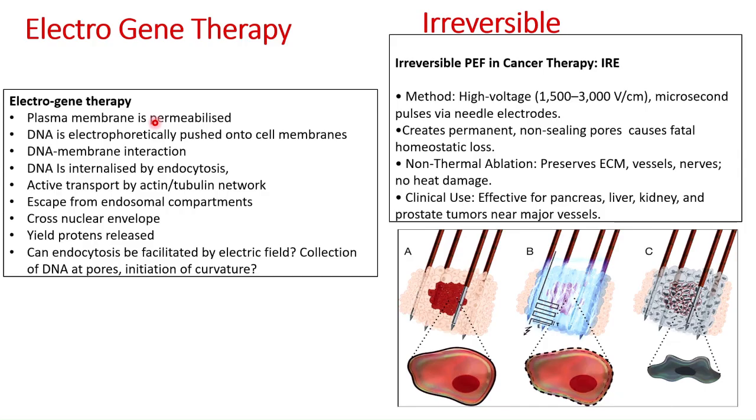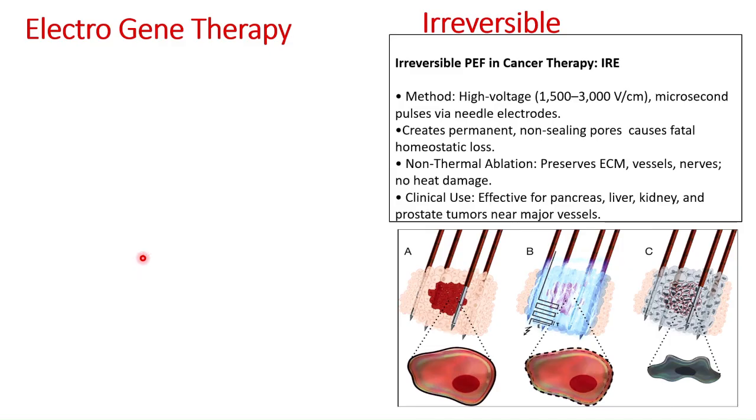You are really targeting the movement of the DNA plasmid, which will be of the order of 40 to 50 nanometers, to the surface of the cell using very low electric fields. And then the plasmid electrophoretically migrates to the cell and gets attached to the cell. And then over a period of time, through processes of endocytosis and so on, the DNA gets into the cell, then into the cytoplasm, then to the nucleus, and then you have gene transfection.